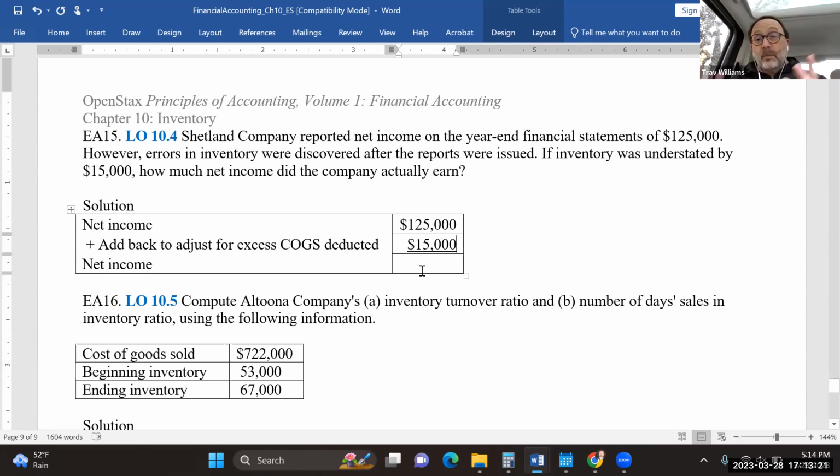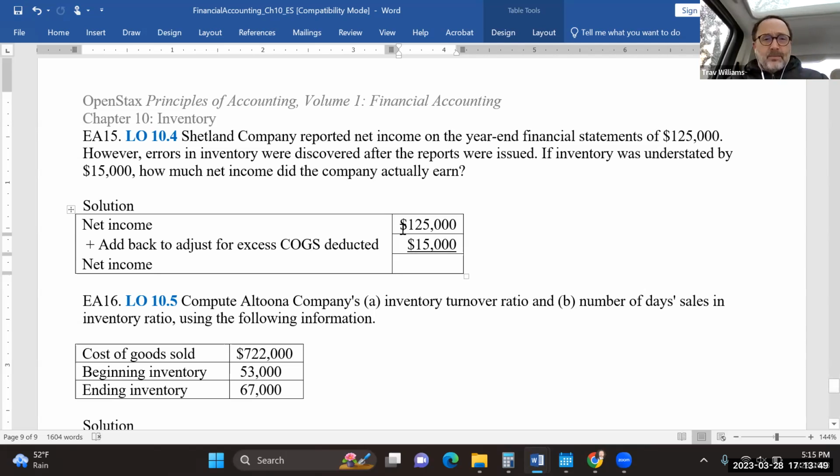In other words, it's basically reducing our cost of goods sold, because what we're saying is, oh, I guess we didn't have that inventory, so that increases our cost. But then, oh, look, we found that inventory, so that decreases our cost. Right? If we find we didn't actually sell that inventory, then the cost of selling those items goes down because we didn't actually sell them.